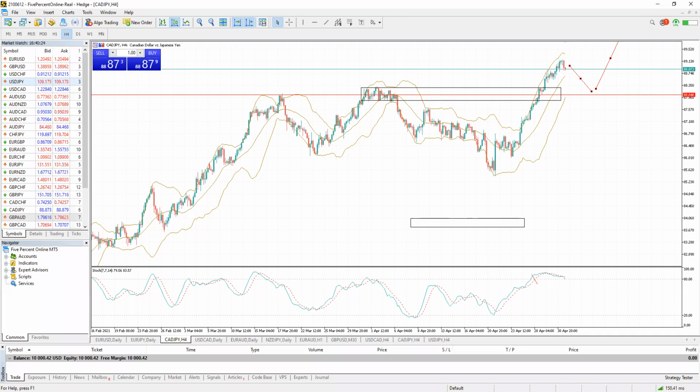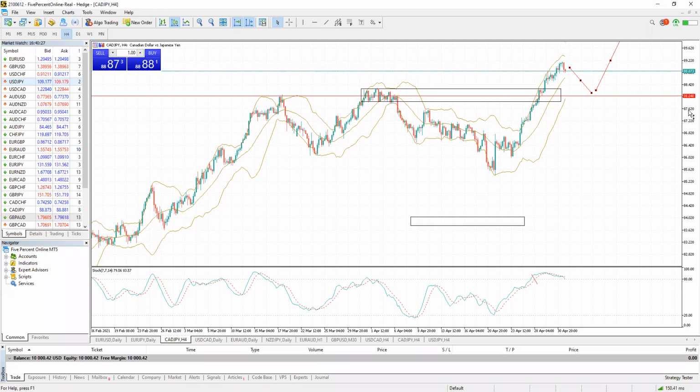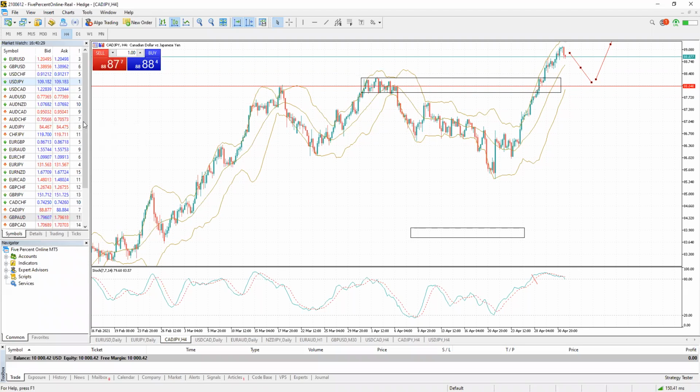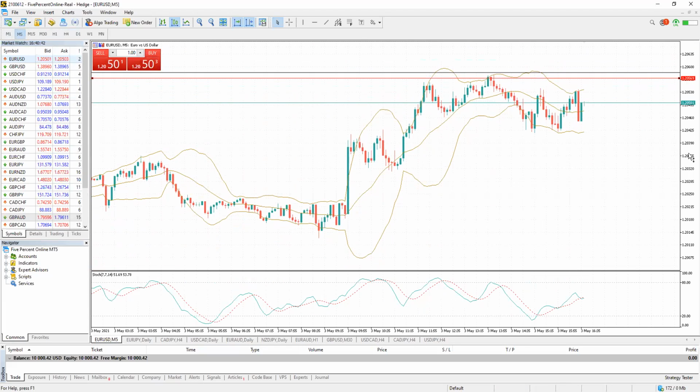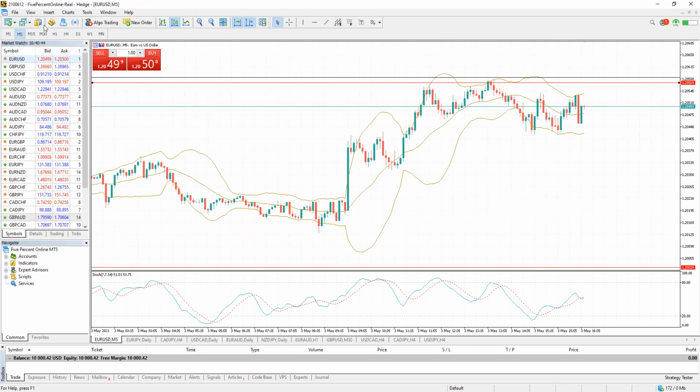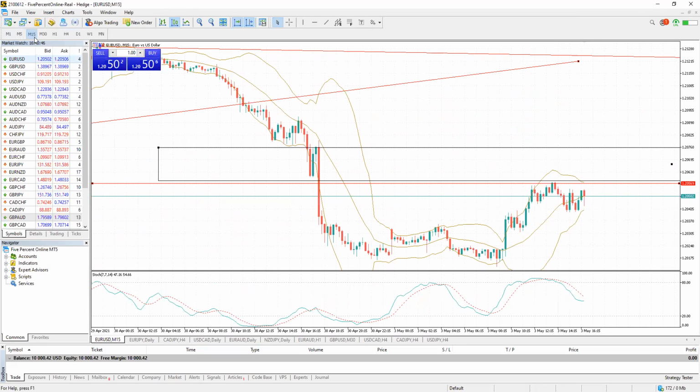Okay, any other pair that you guys want to discuss and check together? Yeah, still great supply here.